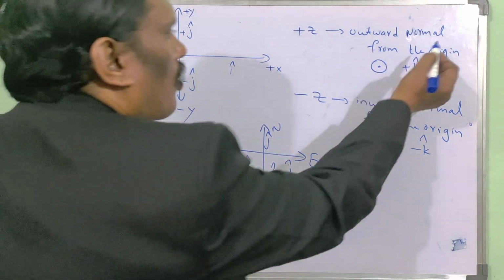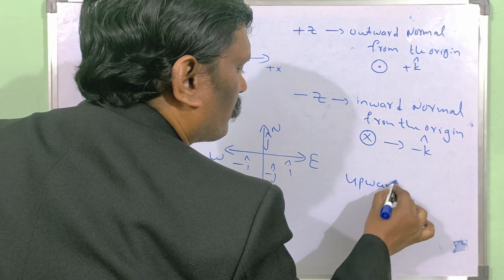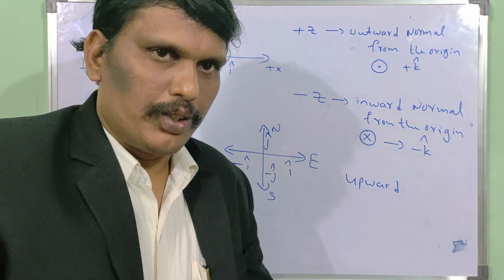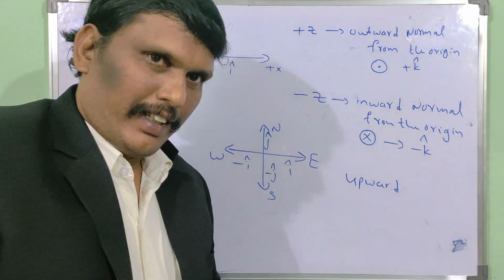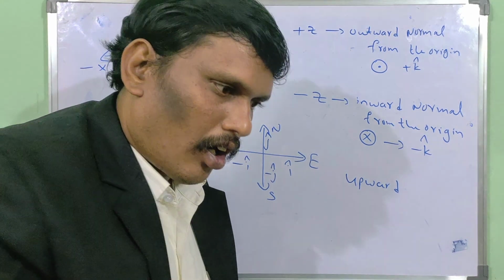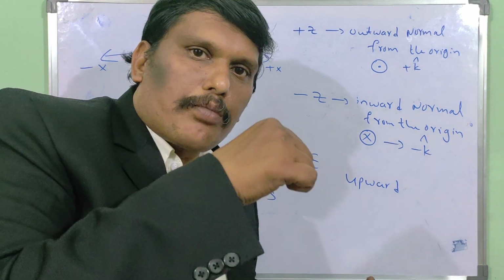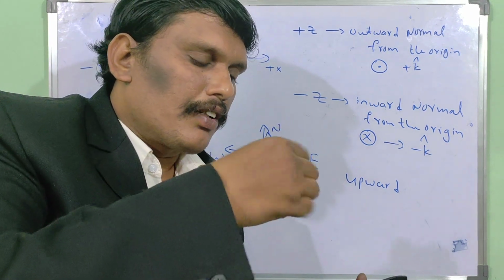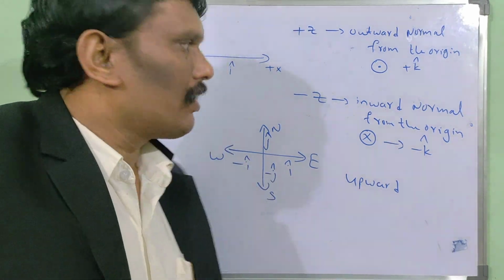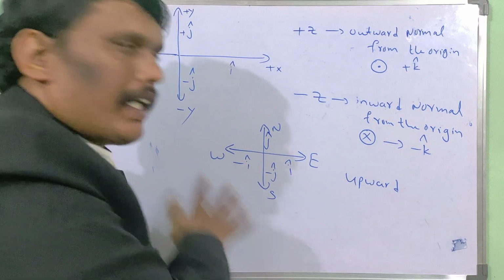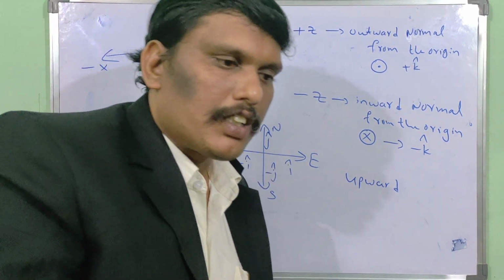Similarly, the outward normal is called upward. Why? Consider this as the vertical plane, and you are writing in your book on a horizontal plane.